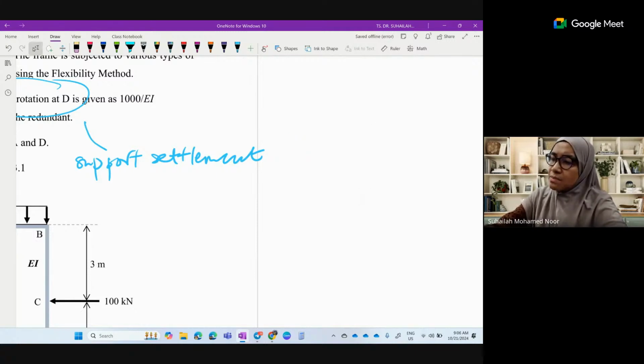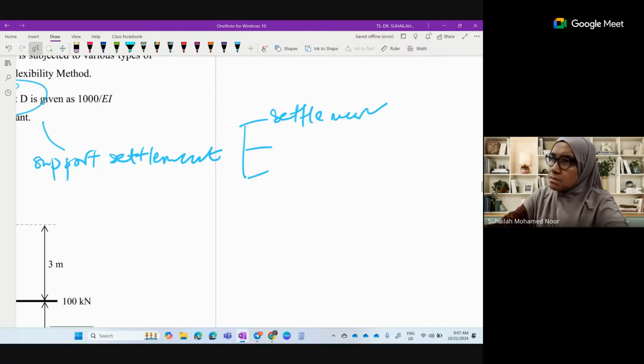Support settlement has 3 types. Settlement basically means movement in the downward direction, in one direction.